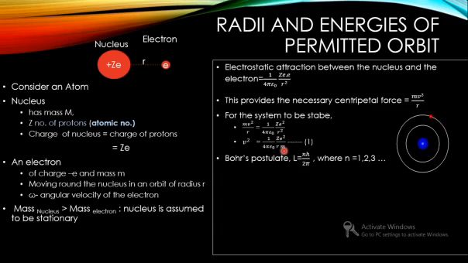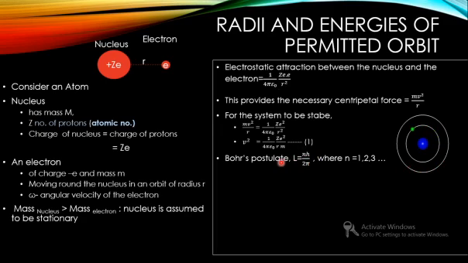Now according to Bohr, the electron cannot revolve in all possible orbits. It can only occupy those orbits in which the angular momentum of the electron is an integer multiple of h by 2 pi. We have already seen that in the postulates of the atomic model.